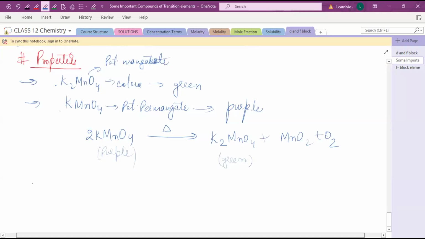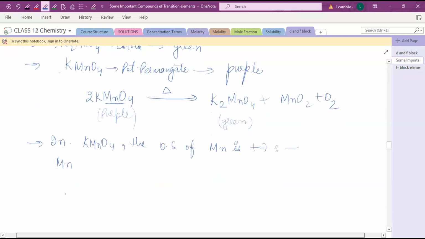Okay, you can check here that in KMnO4 the oxidation state of manganese is +7. What does this mean? Write down: in KMnO4, the oxidation state of manganese is +7. So what is the atomic number of manganese? 25, right?